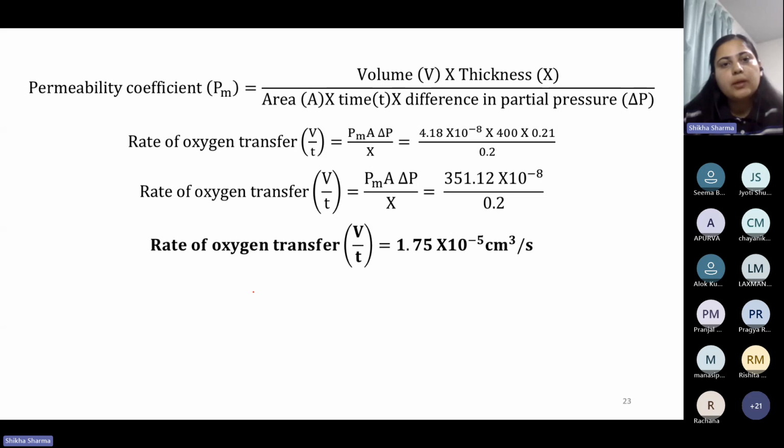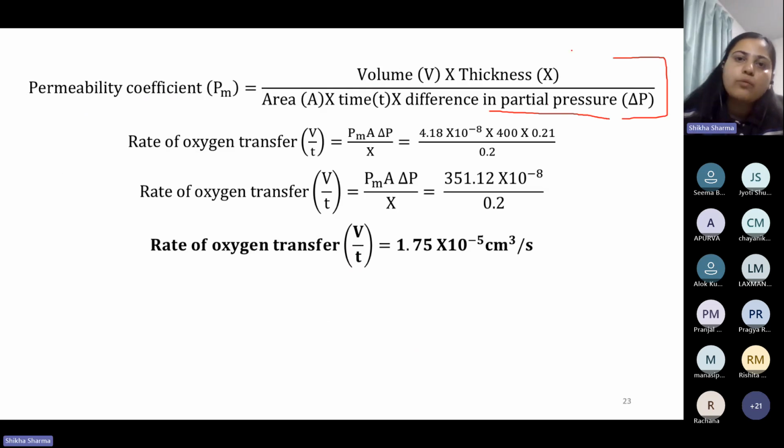So the permeability coefficient formula, given in the slide, is: permeability coefficient equals volume into thickness divided by area into time into difference in partial pressure. This formula about permeability coefficient was already discussed in the lecture video, so we are going to apply it here. We need to calculate the rate of oxygen transfer.